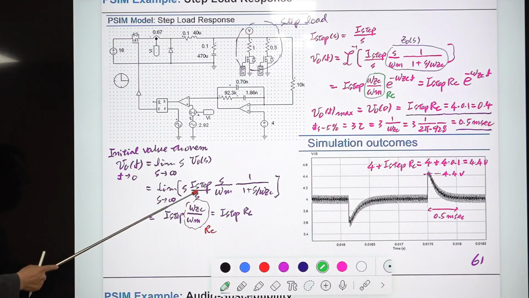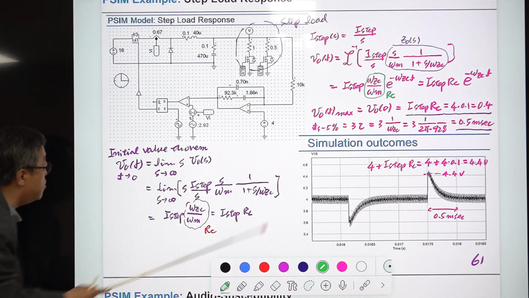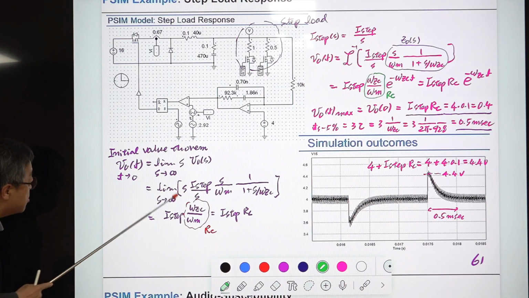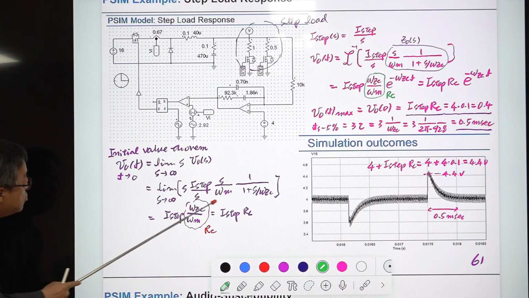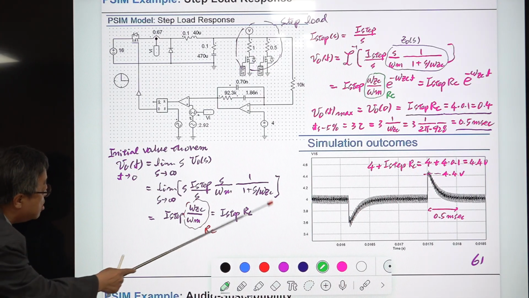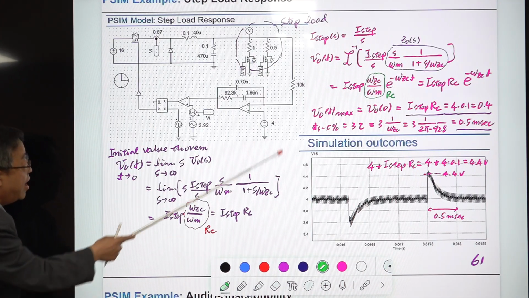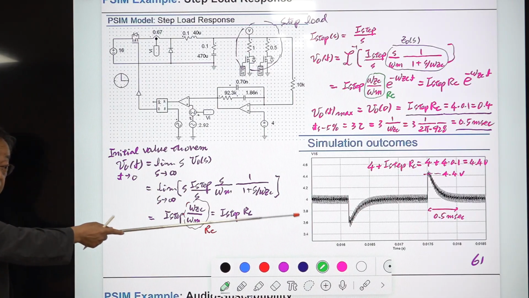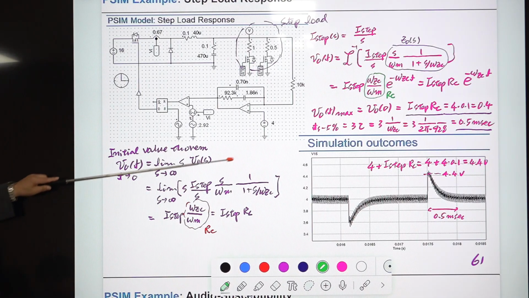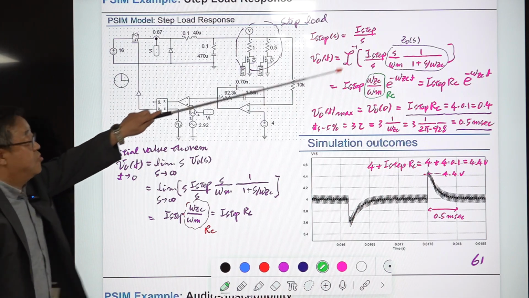Then you put the number and expression here. Then they cancel because S goes to infinity. You take just the coefficient of this. Then you have the same result as this analysis. So maybe you can use the initial value theorem or you can use this.